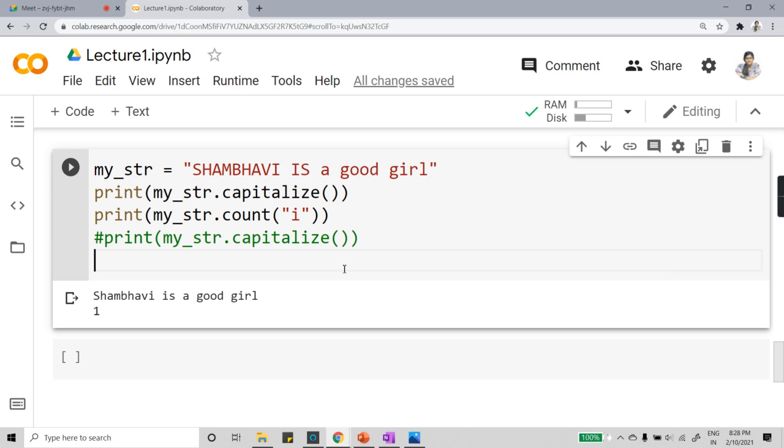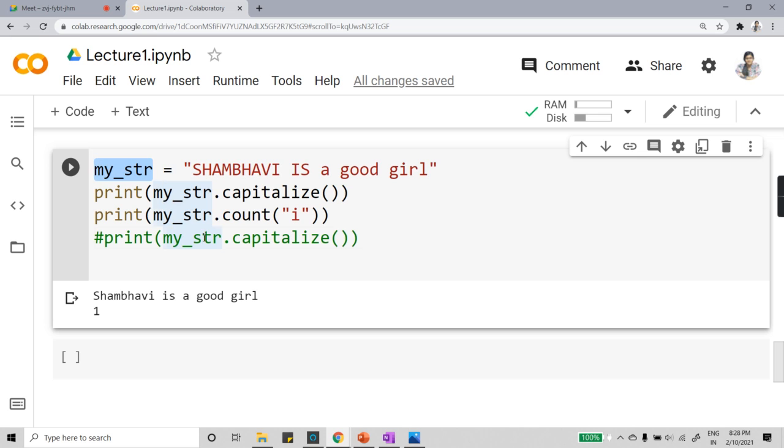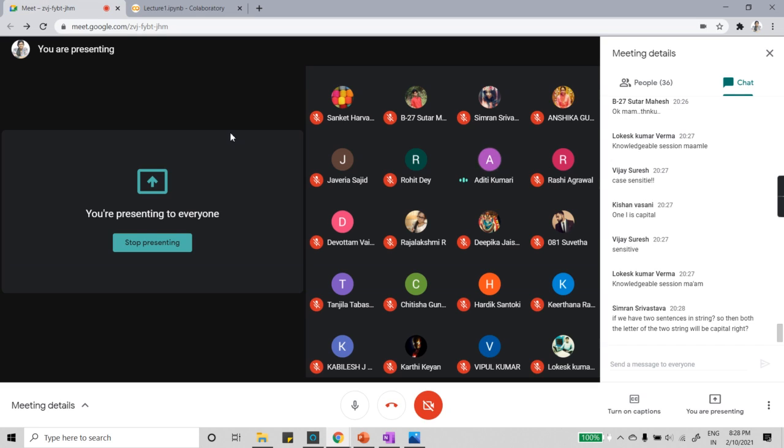That string is not copied here. So if I apply any function there and give the output, it will give the correct output. But if I again print my_str, it will give me the original string only, because it is not making a copy here. Aditi, is this clear? Okay, got it, ma'am. Yes.